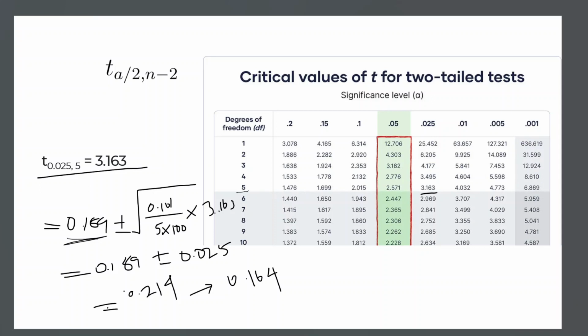So totally 7 variables are there, so n minus 2 is 5. So the value is 3.163.